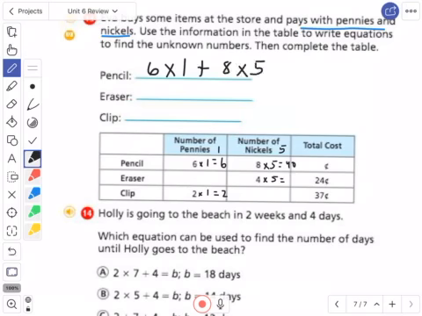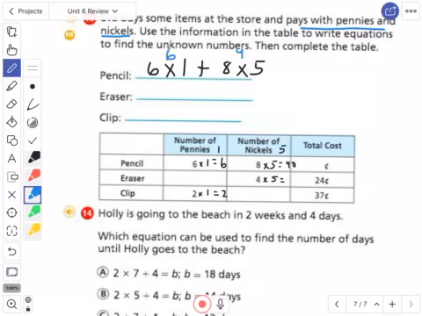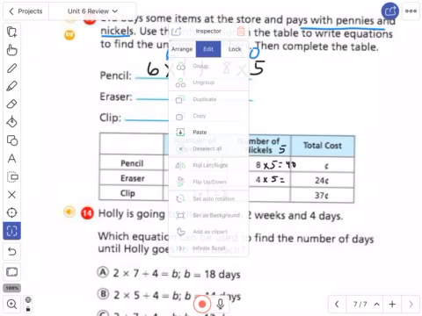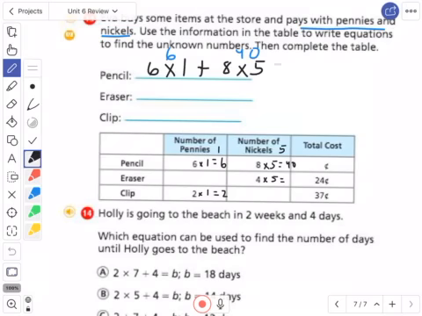And the reason why I put a plus sign there is, remember, I do this part first. I do 6 times 1 is first. That's 6. 8 times 5 is 40. Then I can add these two parts together to get my total of how many cents it is.